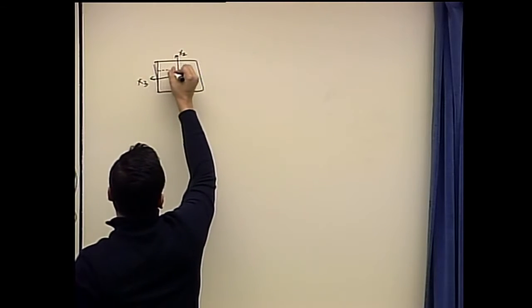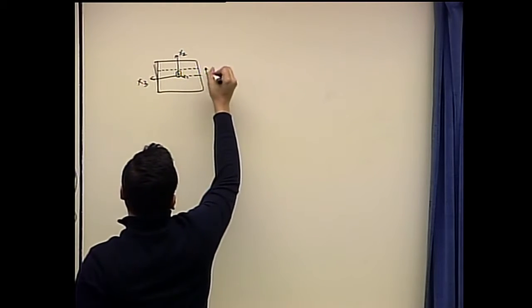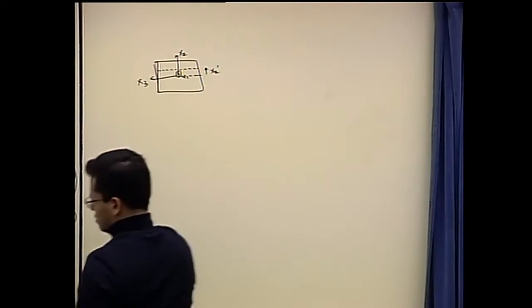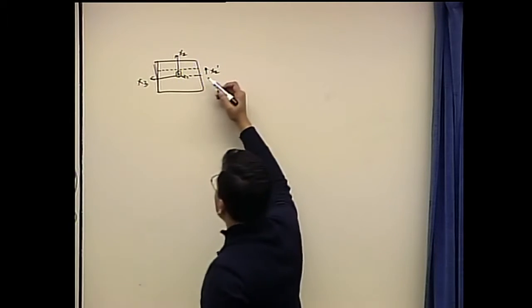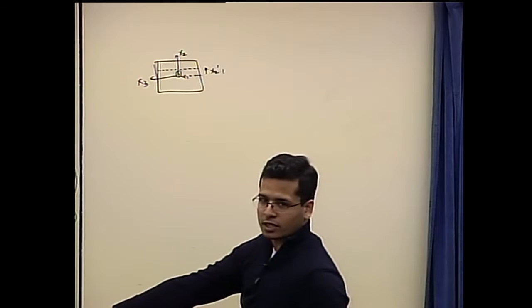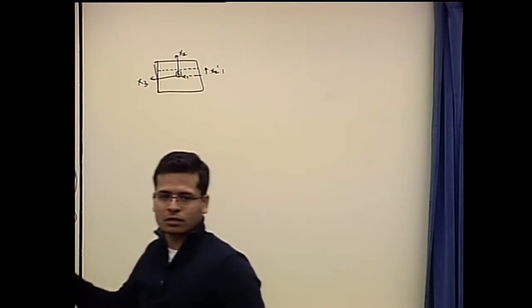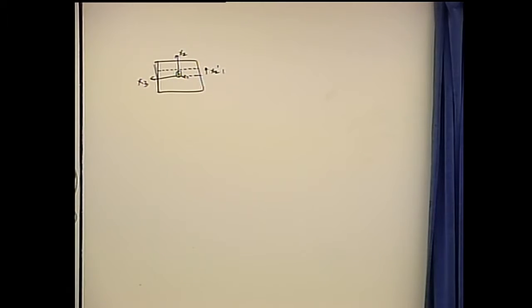Then there is a line which exists at some distance x2 prime, which we evaluated there, where the stresses are 0. So we call this the neutral axis. It's an axis in the cross-sectional reference frame where the stresses are 0.